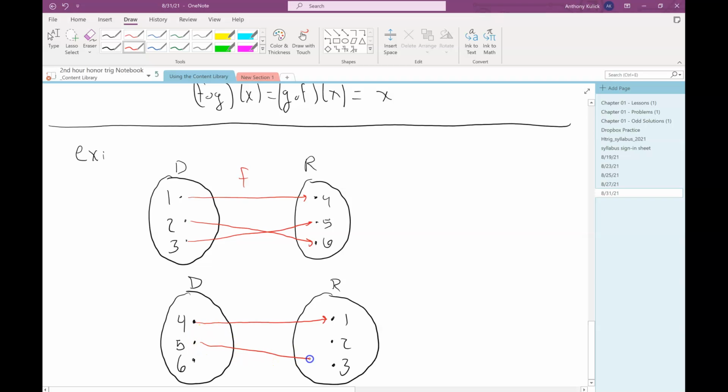I want 5 to go back to 3, and I want 6 to go back to 2. And this would be my inverse. We use the symbol f to the negative 1 to represent f inverse.